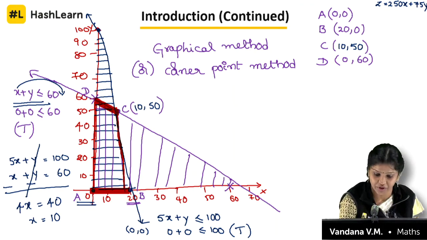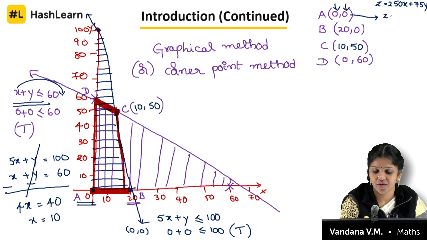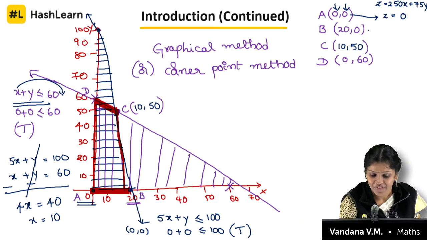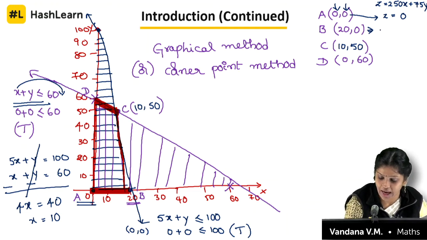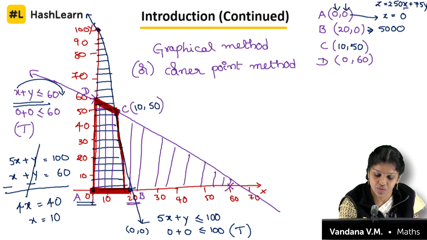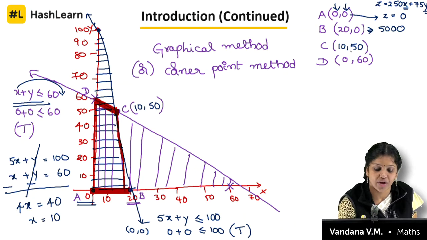If I substitute the first one, x value is 0, y value is 0, I will get z value as 0 obviously. No need to find. Next, if I substitute this value 25 into 20, I will get 5,000. 10 comma 50, if I substitute x value as 10, y value as 50, 250 into 10 is 2500, 75 into 50.